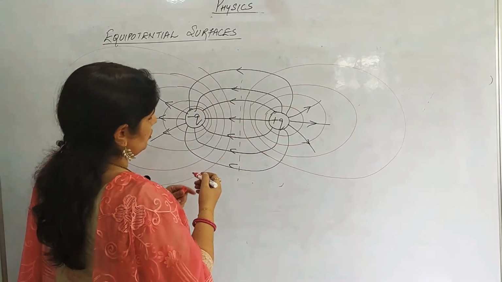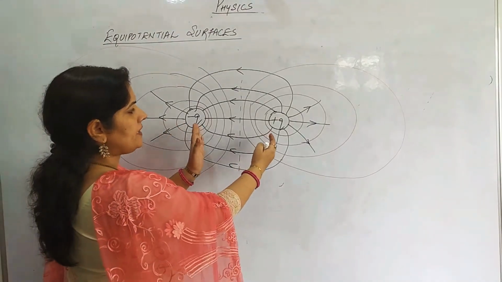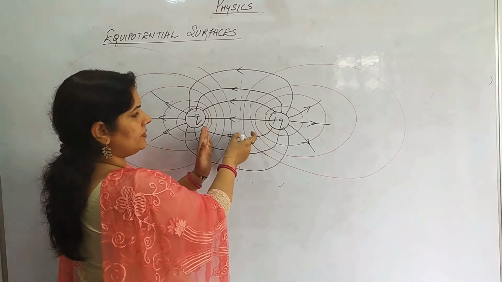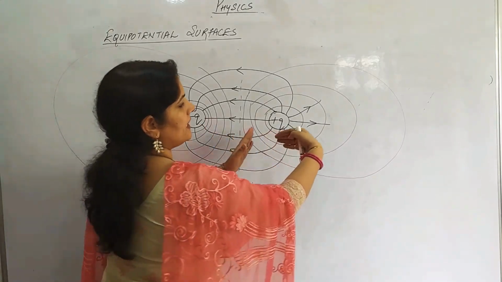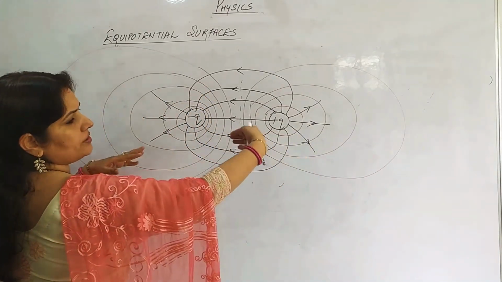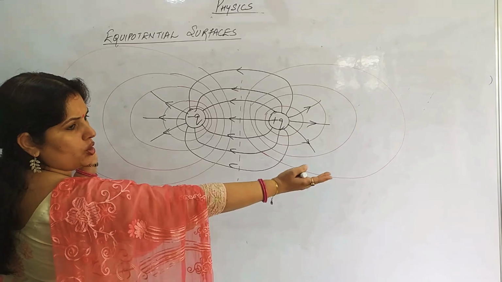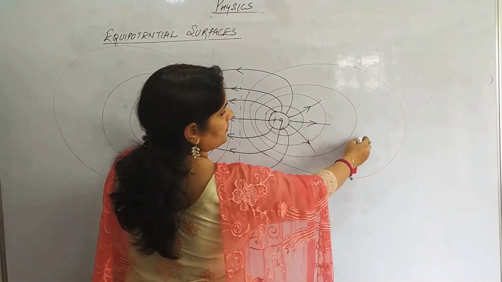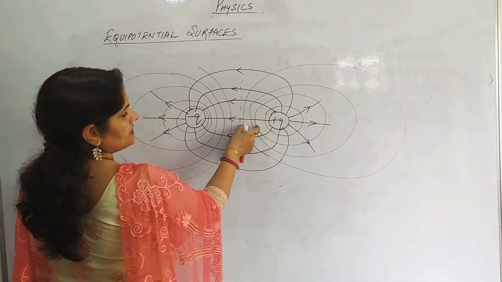Because there is strong electric field due to attraction, the field lines will be closer. Because there is less attraction on the outer sides, the equipotential surfaces are farther there, and the equipotential surfaces are closer here.